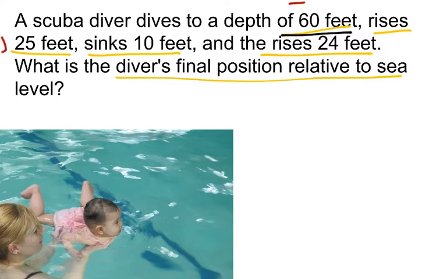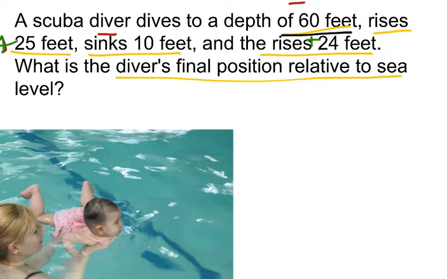Rises 25 feet is going to be positive. So I'll put that in green actually. Sinks 10 feet is negative, because if you're sinking, you're going down. Rises, again, positive 24 feet. So what is his or her final position relative to sea level?